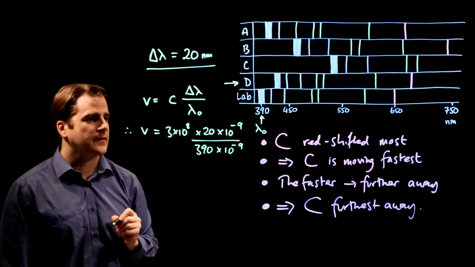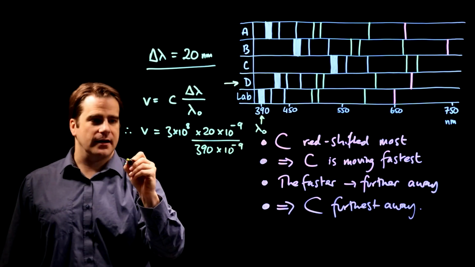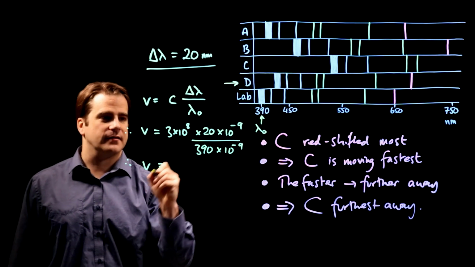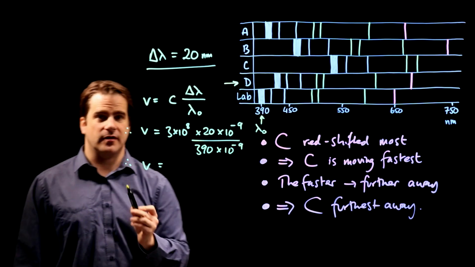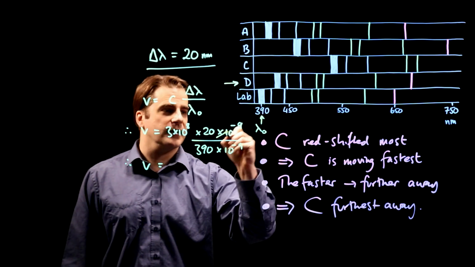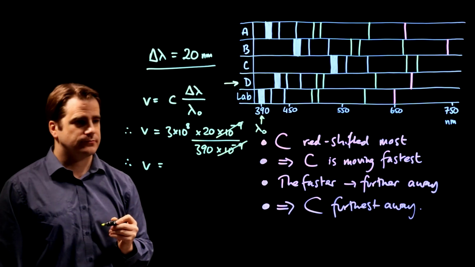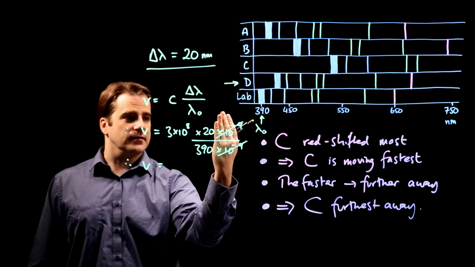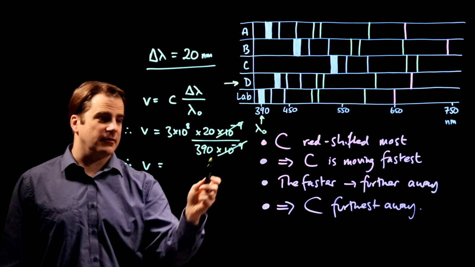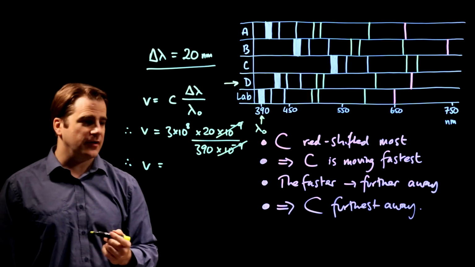Okay, that's it. Stick it in your calculator and you get, just a little tip, you've got times 10 to the minus 9 on the top and times 10 to the minus 9 on the bottom. So you can cancel them if you like. You can just put that into your calculator. You can even cancel those zeros if you want. Doesn't matter, it's up to you.